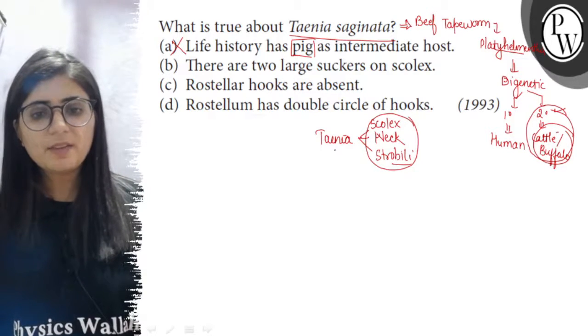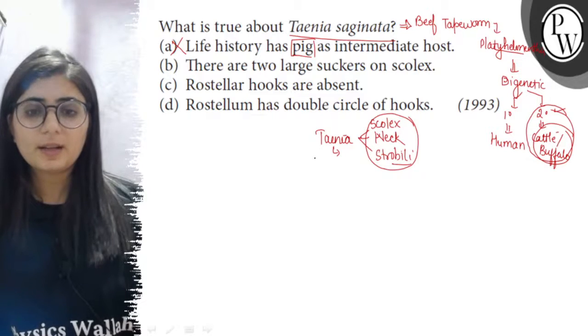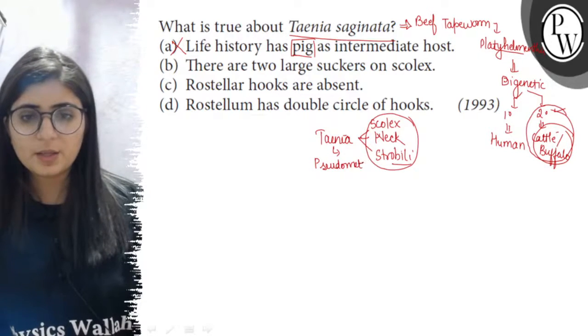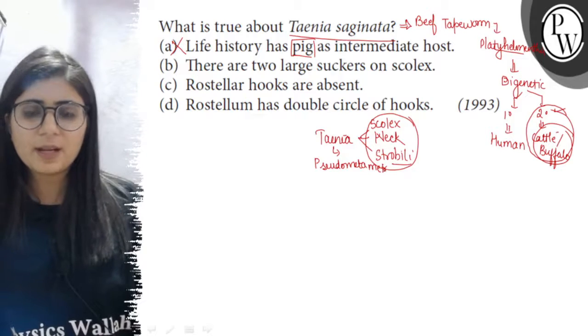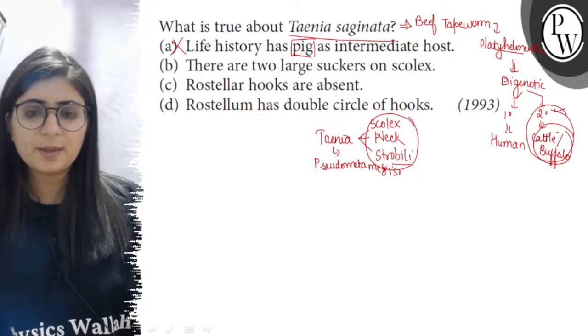Taenia is actually having segmentation, but these segmentations are only on the external side, so it shows pseudometamerism, because the segments here are false, because they do not develop during the embryonic period and are from the external side only. So pseudometamerism is exhibited by Taenia.